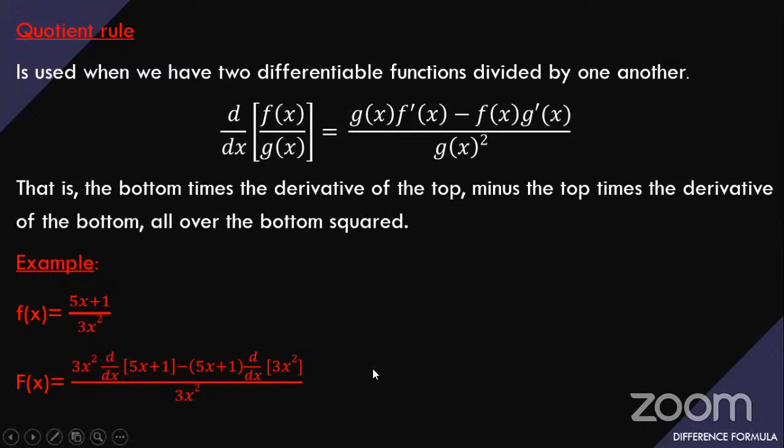Hello, sir. Yes, I'm with you. By the time you look at your quotient rule, the initial formula, where you have g(x) squared, and on your example underneath you have your g(x) to be what? To be 3x squared. Yes, sir. So I feel that bottom should be raised to another power of square. You're correct, sir.